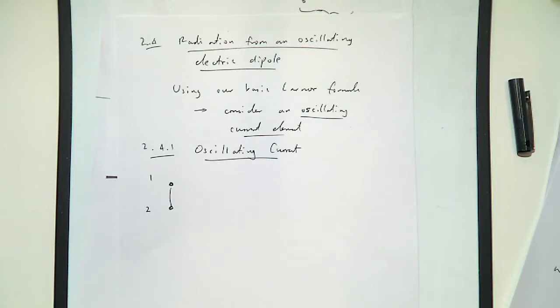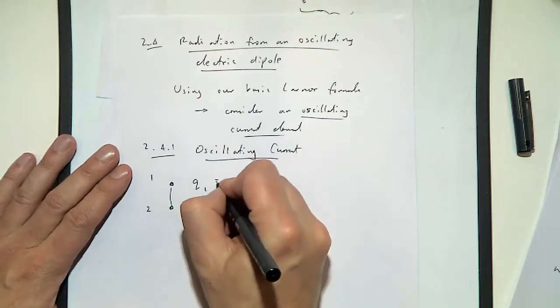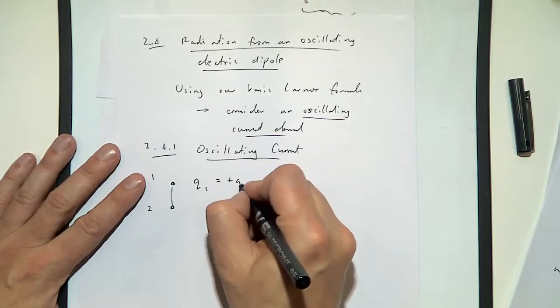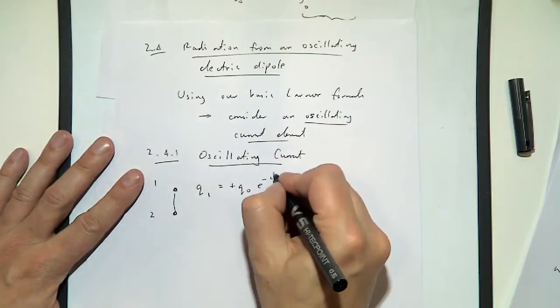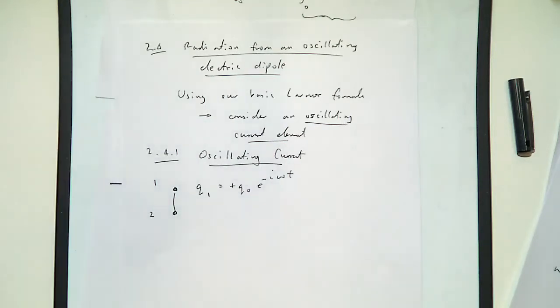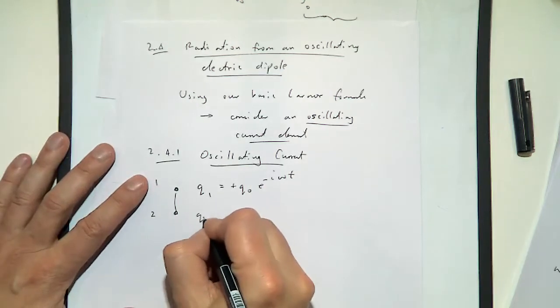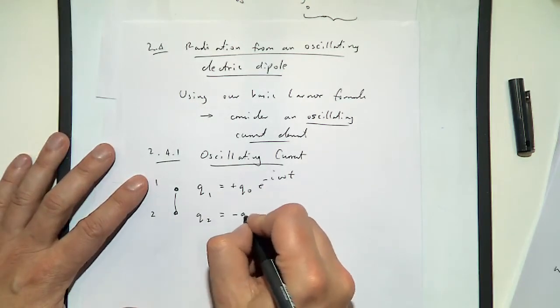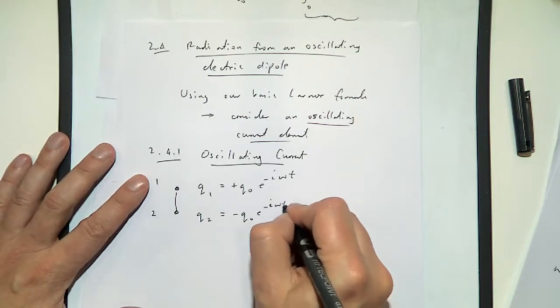Okay? So I can write down the charge at point 1 is equal to some total amount of charge, say q0 e to the minus i omega t, where omega is the frequency with which the charge is moving backwards and forwards. And I can write a similar picture for the amount of charge at point 2, and I assume the whole thing is in total neutral, so it must have the opposite value.